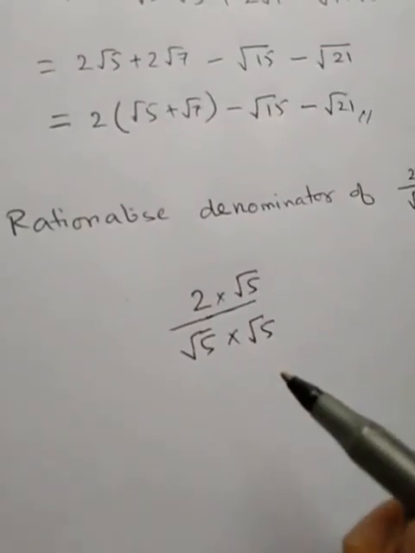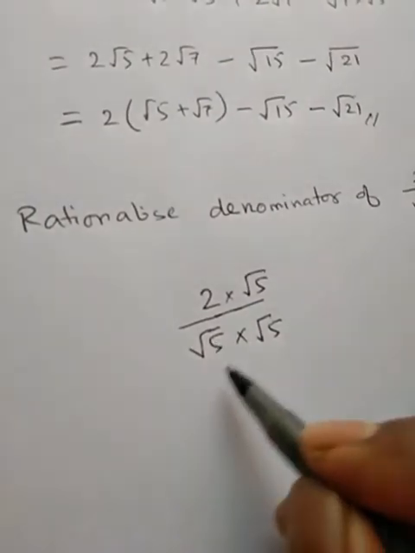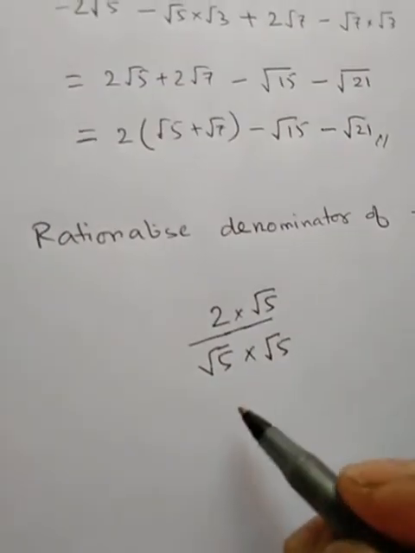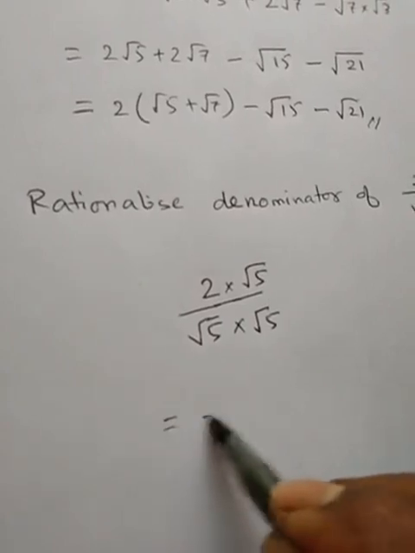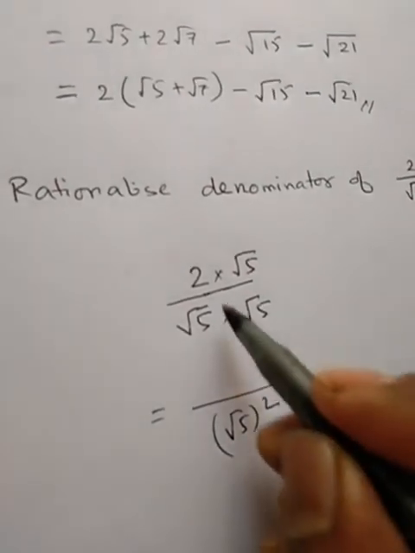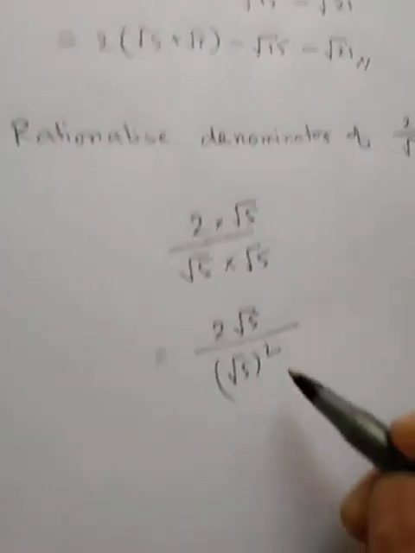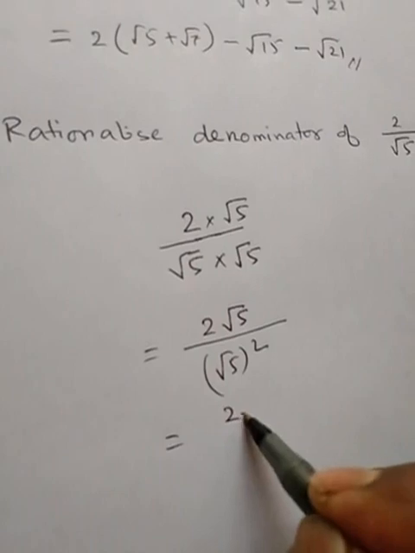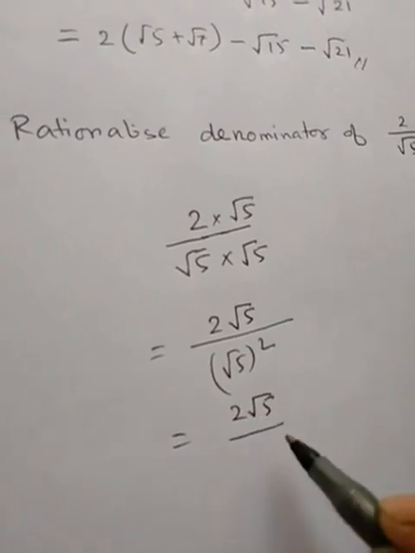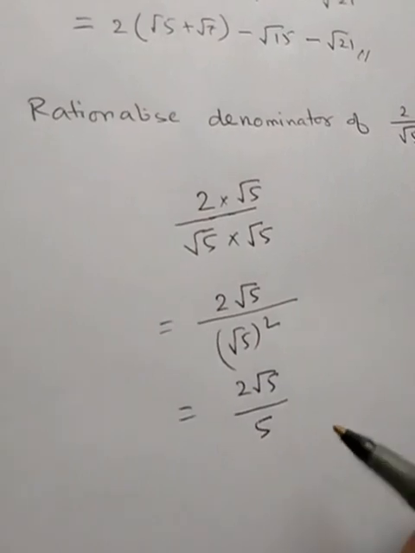We have multiplied root 5 because we have to get root 5 square here. So here it will become root over 5 square, and in the numerator however it is, let it be. So now it will become 2 root 5 by root 5 square, that is only 5.